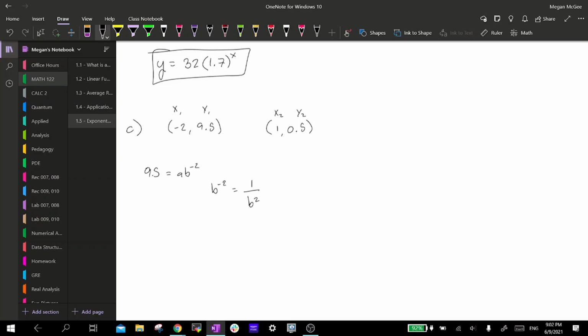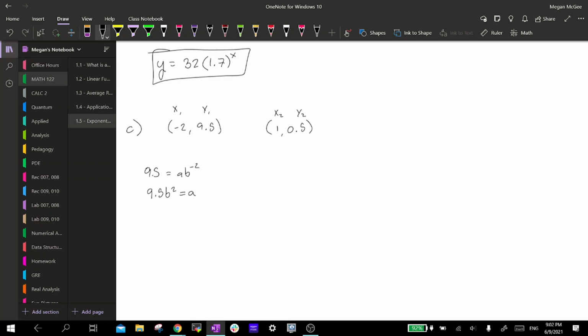A negative exponent just means switch it to the top or the bottom, wherever it is not currently. So if I multiply both sides by b squared, it's going to cancel out, and I'll end up with 9.5 b squared is equal to a. So I've technically solved for a by now.